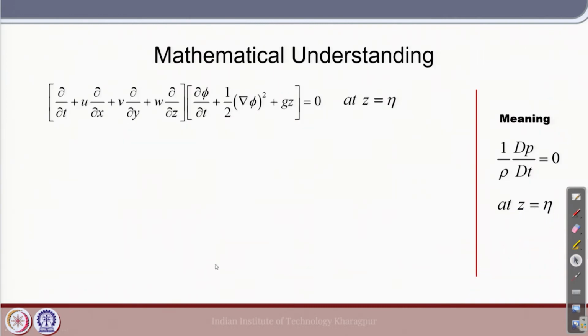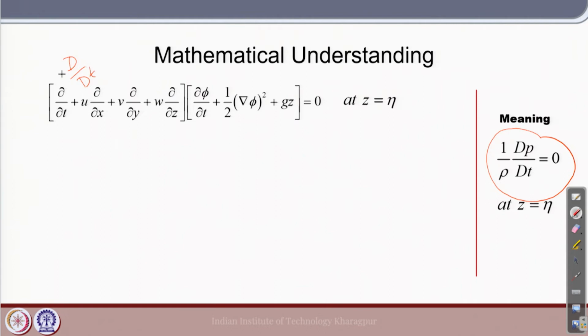Now, you see here the mathematical meaning is that I am just considering a surface where the material derivative of pressure should be equal to 0. Now, if I say that, then this is the equation for the d dt, the material derivative.